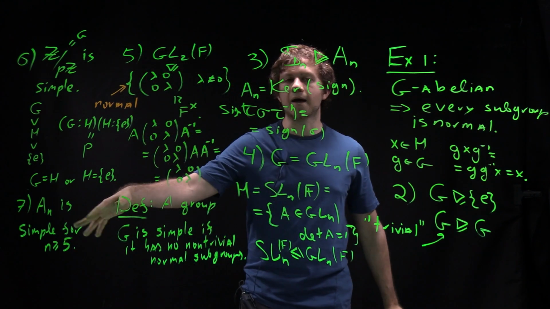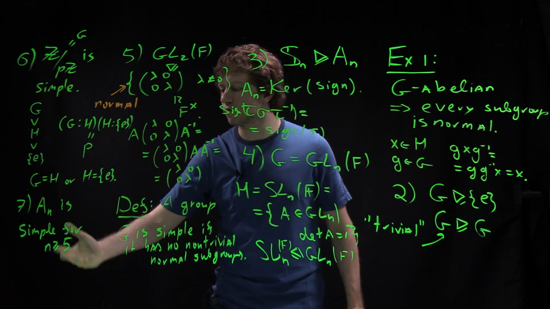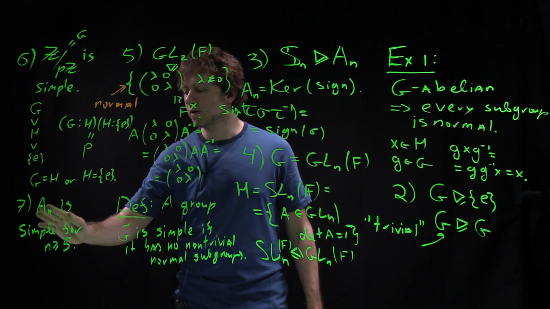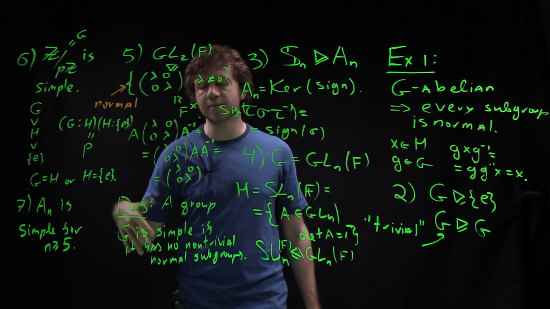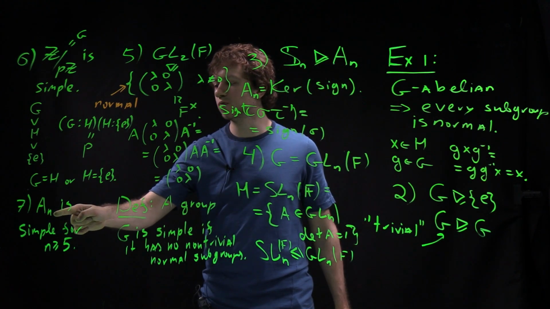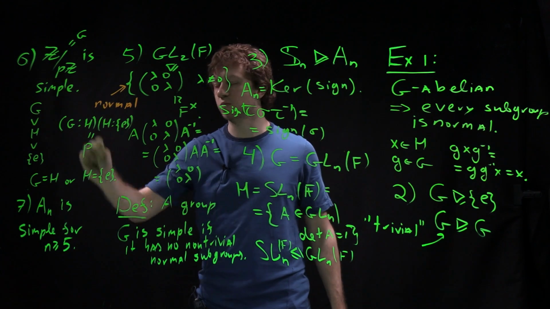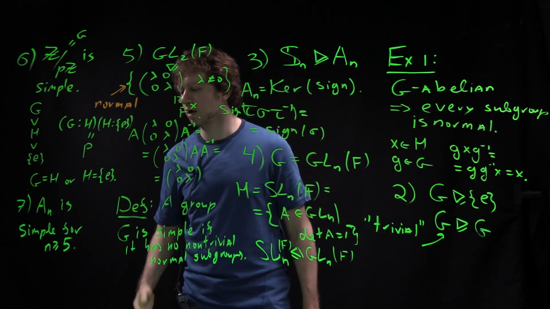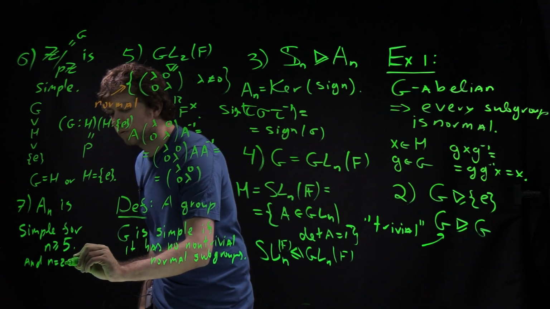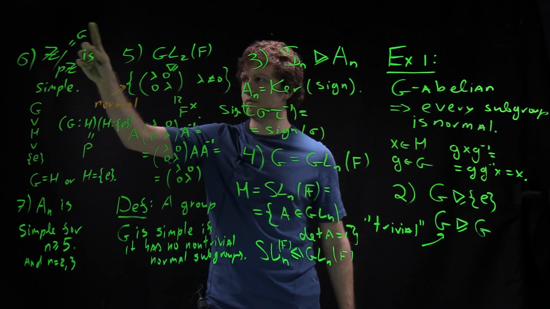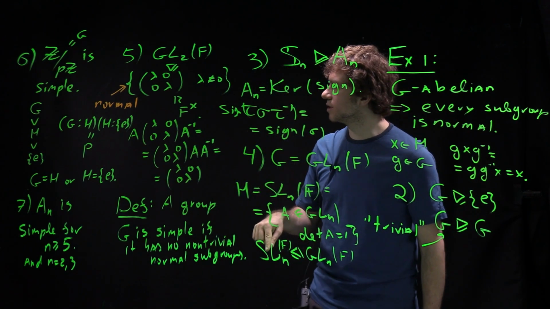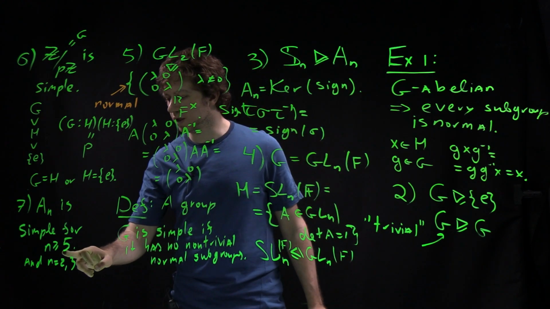So A_n, the even permutations, give us a first example of a series of simple groups for every n greater or equal than 5. For n less than 5, something funny happens. We will discuss it. These groups are not simple except for A_2 and A_3, which are just cyclic groups. Sorry, A_3 has 3 elements, and A_2 is trivial. So A_4 is not simple.